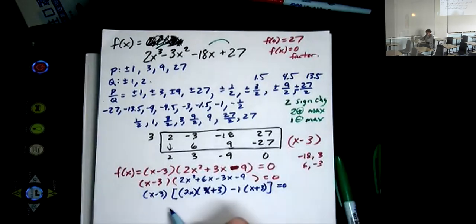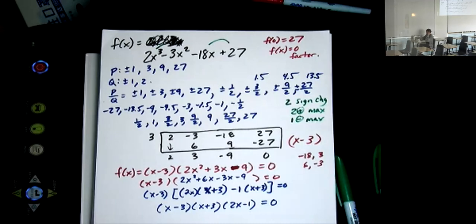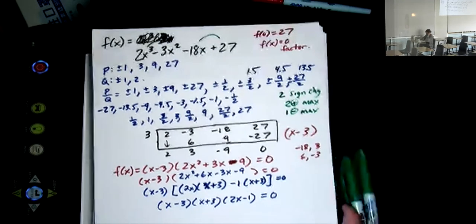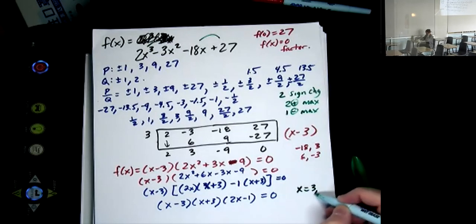So if I finish grouping, I have x minus 3 out front. I have an x plus 3 here. And I have 2x minus 1 here. I guess that's how a 1/2 gets into the mix right there. It shows up as something that clears out the fractions. So my roots are 3, negative 3, and positive 1/2.